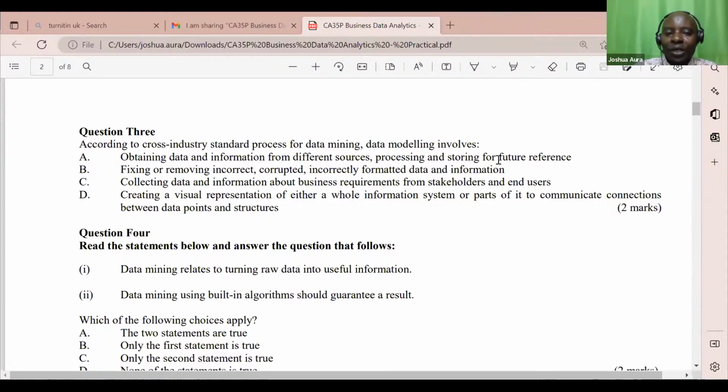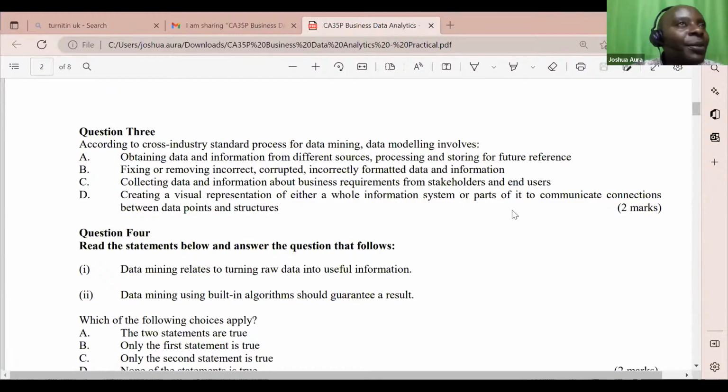When we talk of data modeling, it's creating a visual representation of either a whole information system or parts of it to communicate connections, like y equals a plus bx, the regression equation, between data points and what we call structures, right?